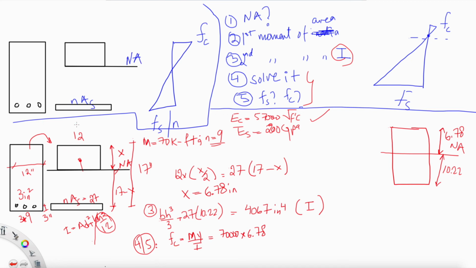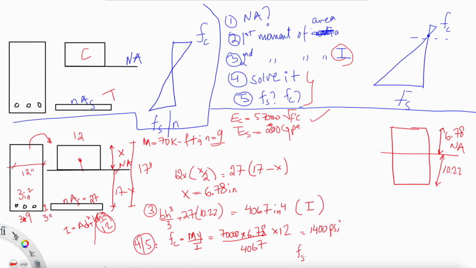We always have compression and tension. Over I, but multiply by 12 to transfer the units, because the moment here is in feet and I want it in inches. So it is equal to 1,400 psi.